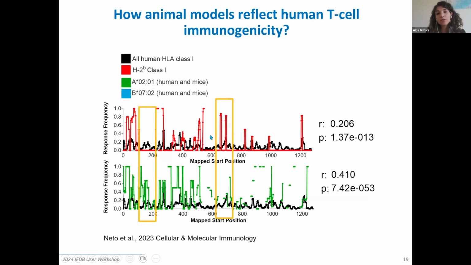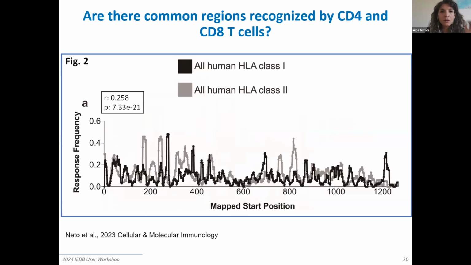This is just something to remind ourselves: the ability of the human population to recognize specific responses on the protein is much wider, and we need to be careful in selecting specific immunogenic regions when we use mouse models without accounting for that component. Otherwise, we miss some important regions that are relevant in humans and not necessarily in mice.